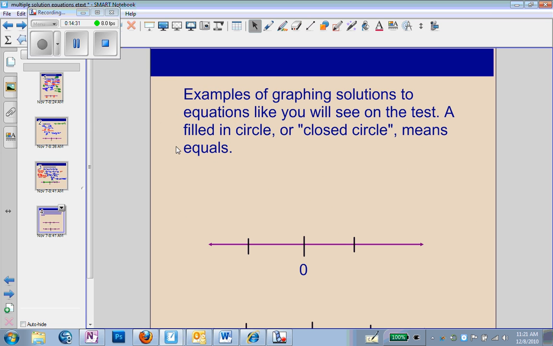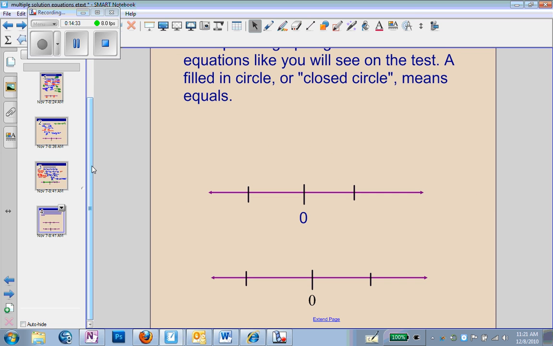So let's practice just a couple more examples of working with closed circles. So if I have an answer of x equals -2, where would I put that? Right, I would put a -2 on the left side and a 2 on that side, and I put a closed circle on the -2.